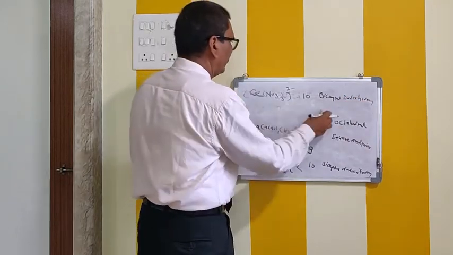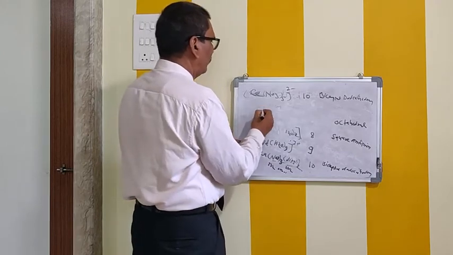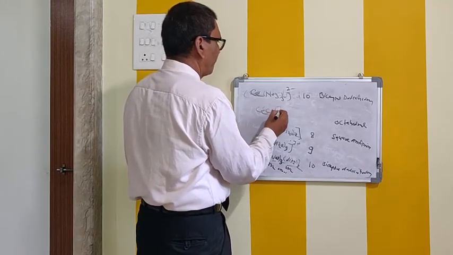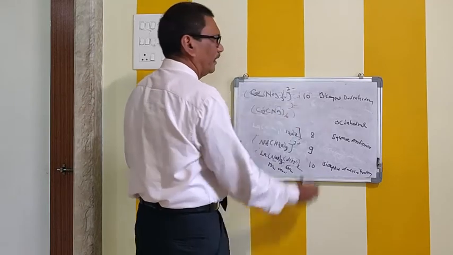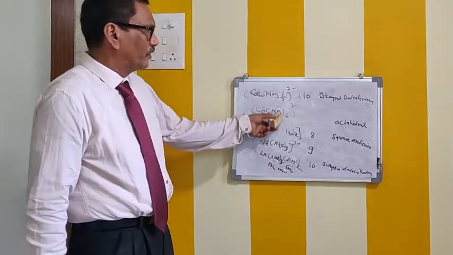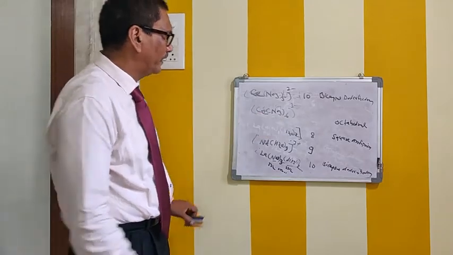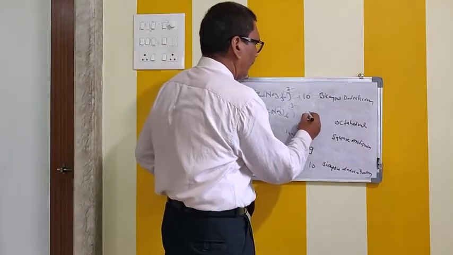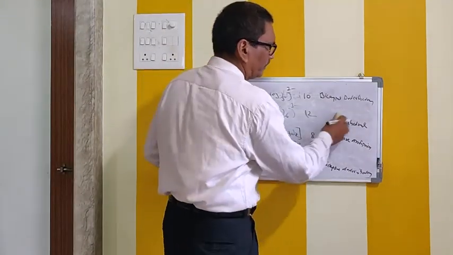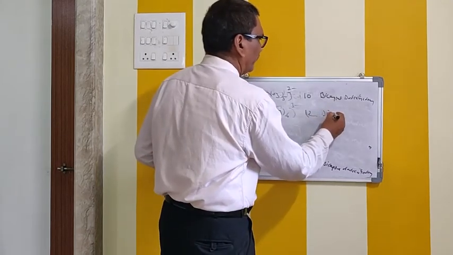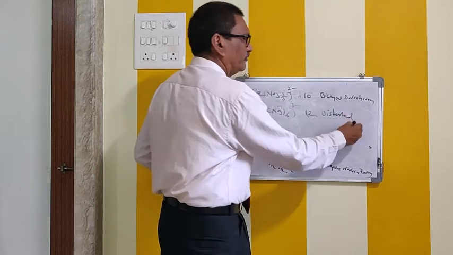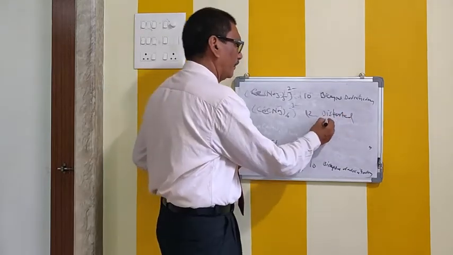And if you add one more nitrate ion here, Ce(NO3)6, 3-. What is the coordination number? Nitrate is bidentate, so 6 into 2, 12. Higher coordination number is again expected here. The geometry will be distorted icosahedron.